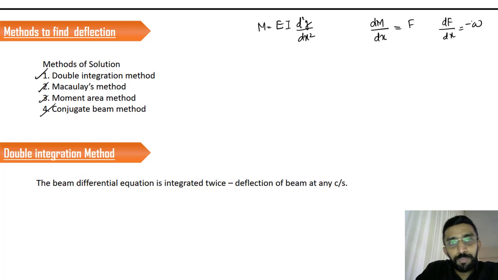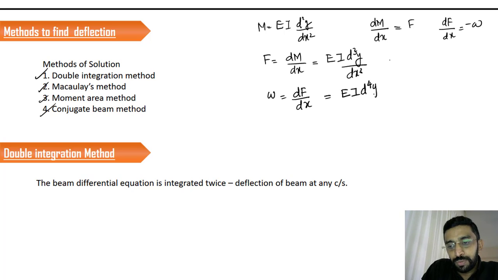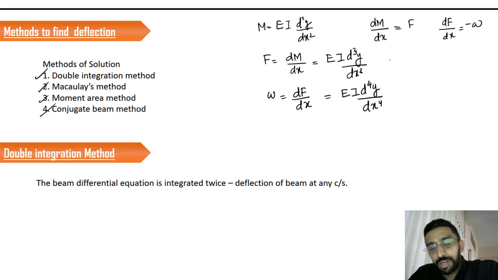So if we apply it over here, we can say that shear force F is nothing but dM by dx, which is equal to EI into d cube y by dx cube, and loading W is nothing but dF by dx, which is going to be EI into d raised to 4 y by dx raised to 4. Some wonderful relations exist here.